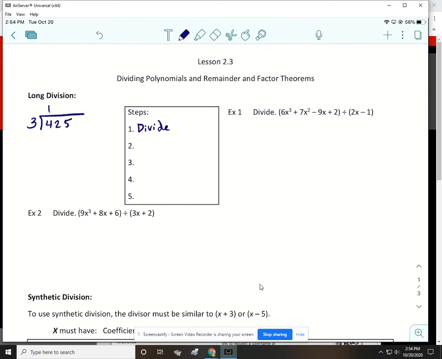Now, this is going to be a little different because we are going to have polynomials, but still the first step is to divide, but we are dividing the first terms only. Okay, so if I set this one up, what is here, which you're dividing into, is called the dividend.